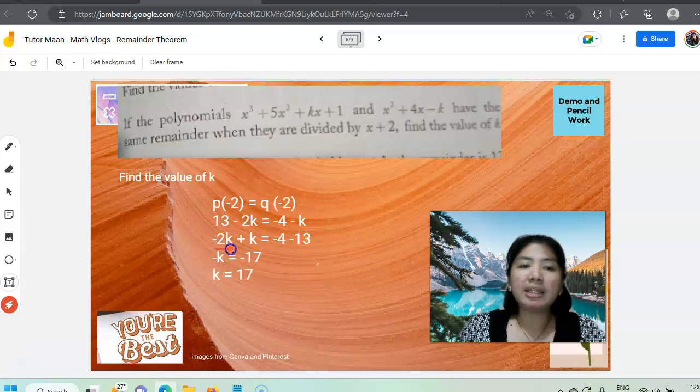And now negative 2k, positive k is negative k. And then negative 4, negative 13 is negative 17. And we always want a positive variable, so negate both sides. So we have k equals 17. And then in the next video lesson, I'm going to show you how to check your answer using GeoGebra.